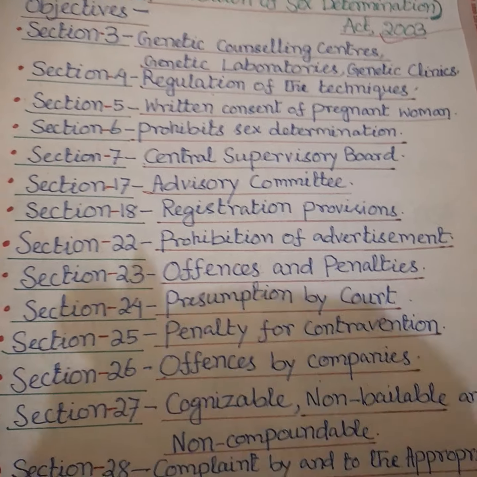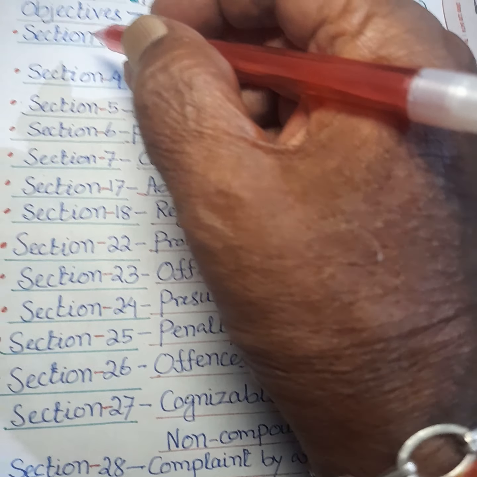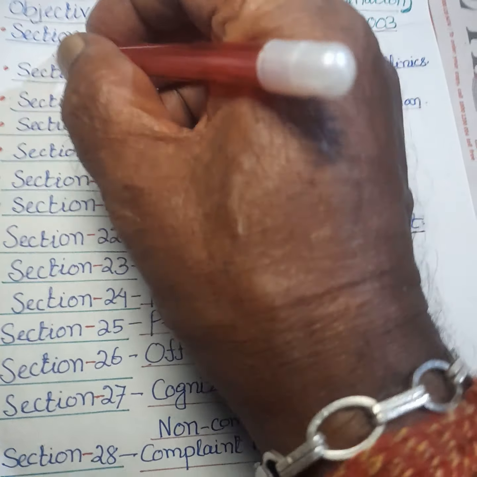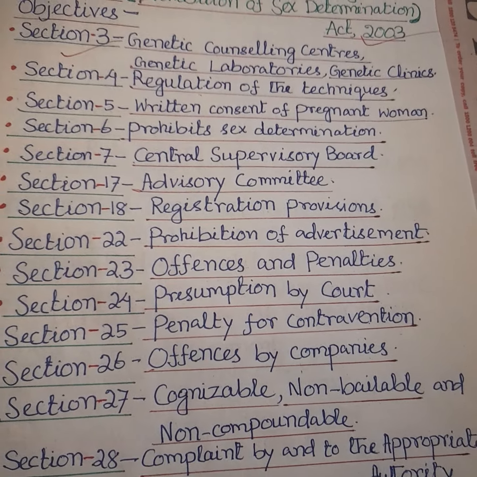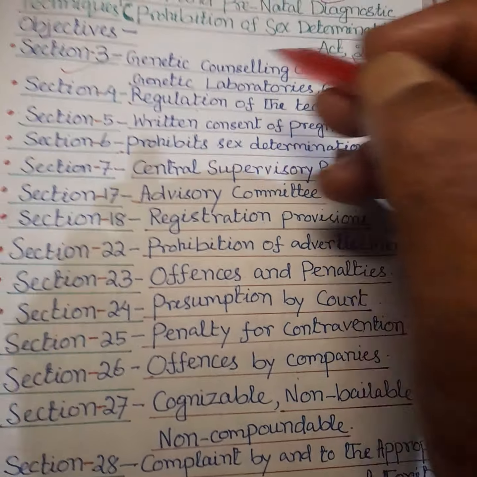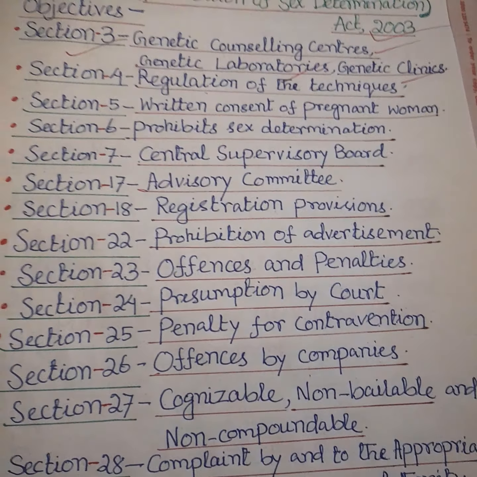So now, after analyzing the objective, we would like to discuss the provisions of Section 3, relating to genetic counseling centers, genetic laboratories and genetic clinics.